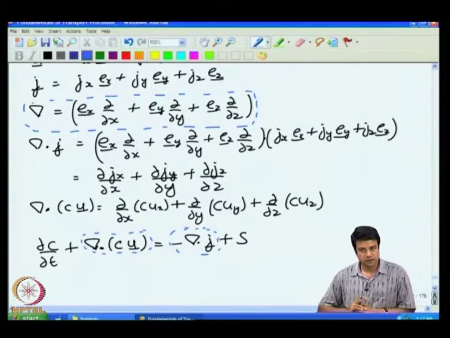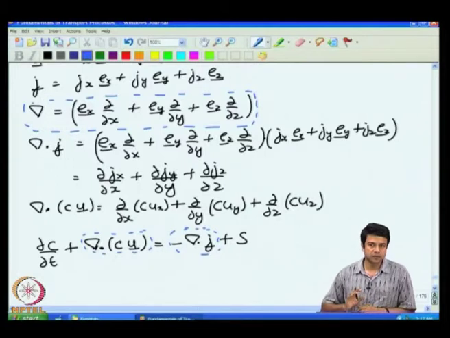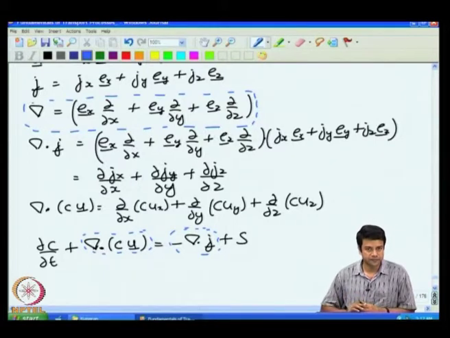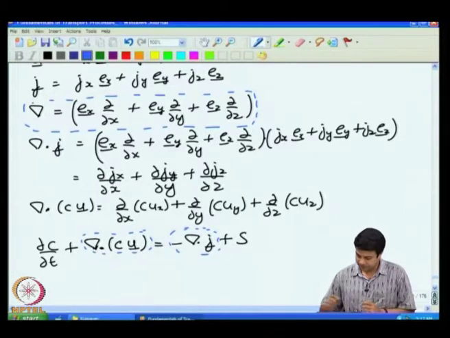Written in this form, the equations are actually independent of coordinate systems. One can find equivalent descriptions in both the cylindrical and spherical coordinate systems, in which these terms reduce to exactly the same form. We will look at how to get these derivations, so that we can get these terms into exactly this form.